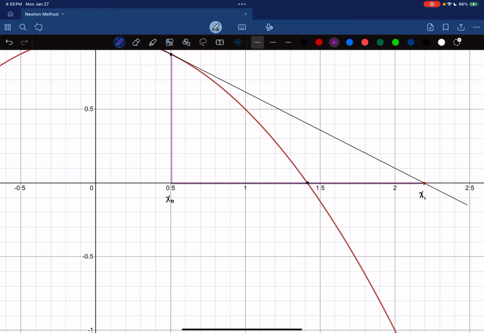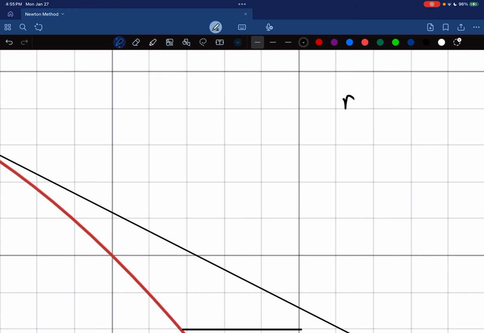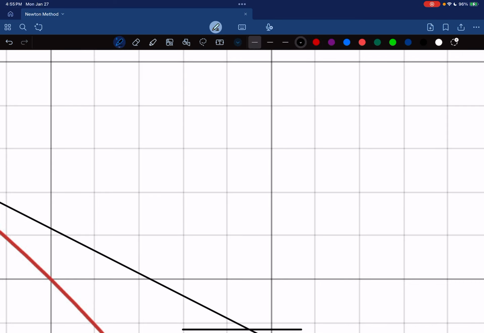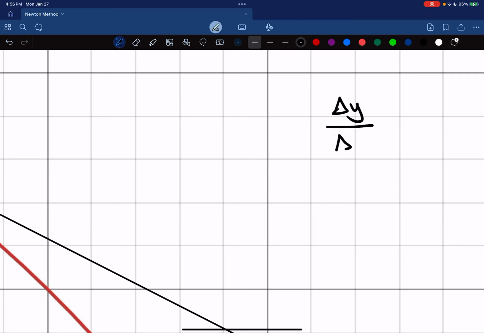And so here what we have is rise over run, right? This is how we can get the slope of this line, okay? In other words, the rise over run is simply the change in y over the change in x.